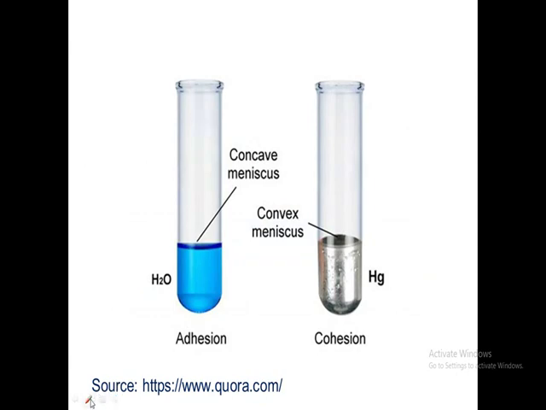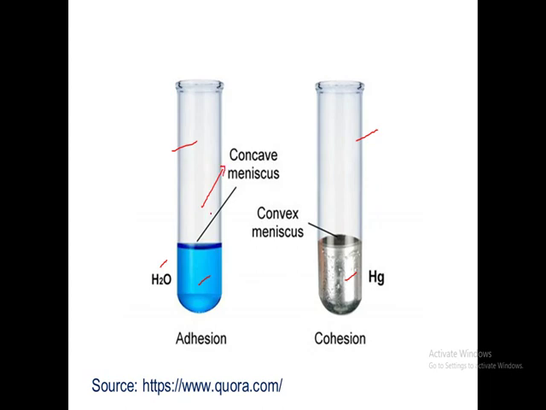Yeah, so you can see one more scenario here. What I have here is a beaker. In this beaker, I have taken water. I have one more beaker. Here I have taken mercury. If you observe one interesting thing, whenever you take water in a test tube, the upper layer is always what is called concave in nature.